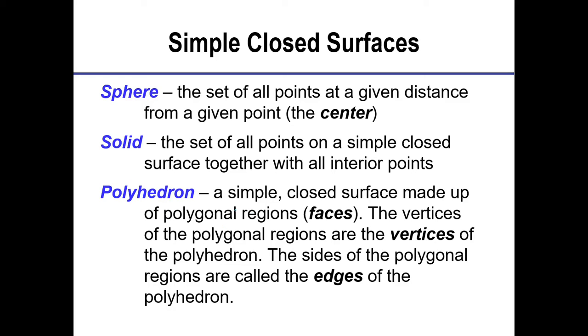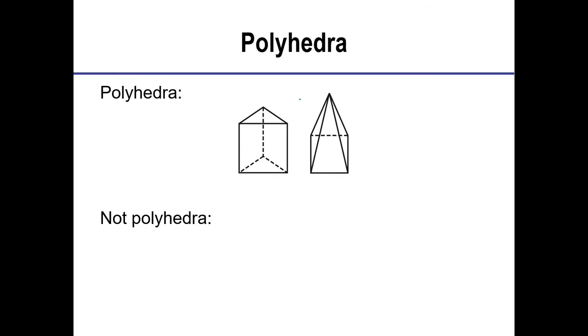To simplify the definition, a polyhedron is essentially a figure that consists of faces that are polygons. So the faces of the polyhedron consist of multiple polygons connected together, such as triangles, squares, pentagons, hexagons, and so on. So a polyhedron again consists of polygon faces.